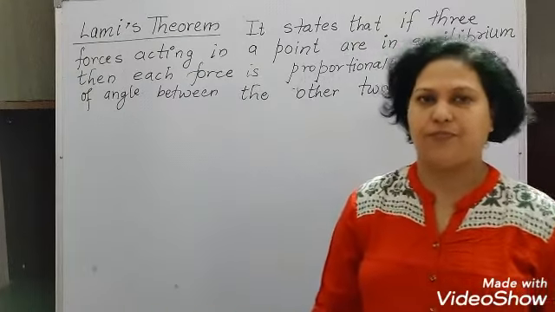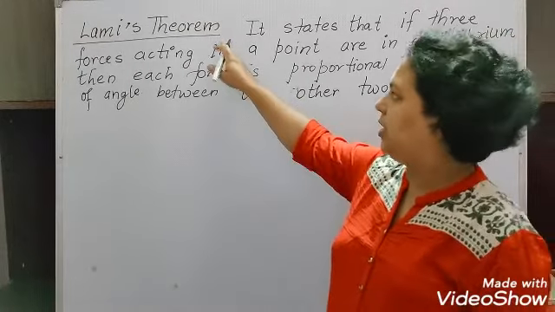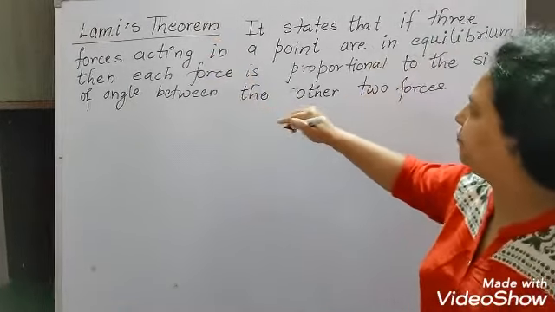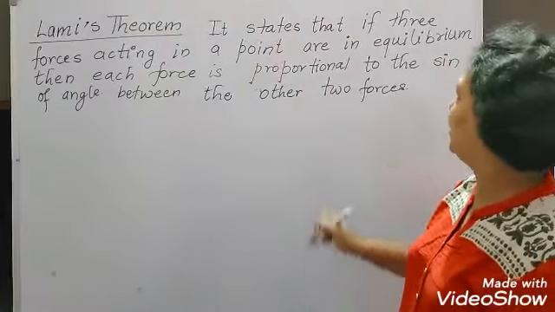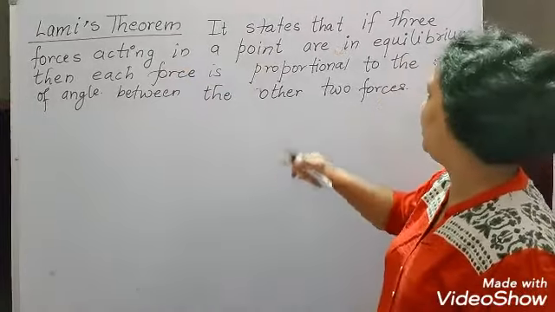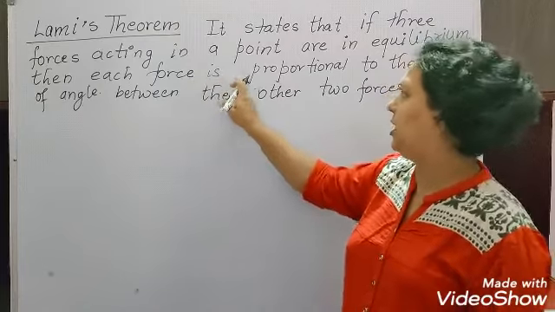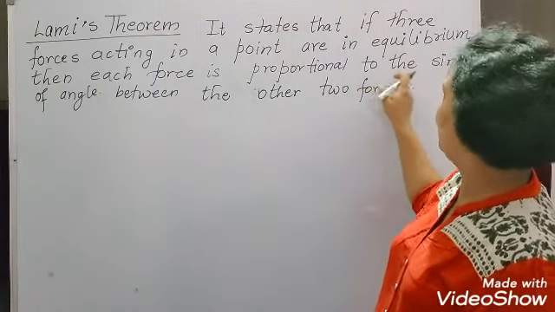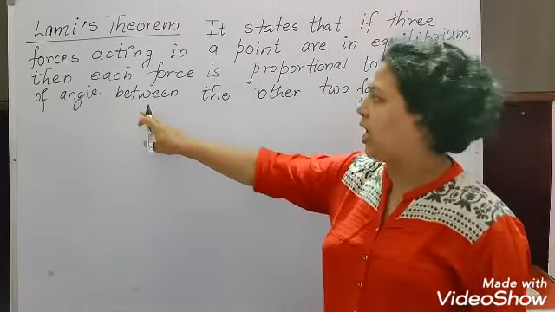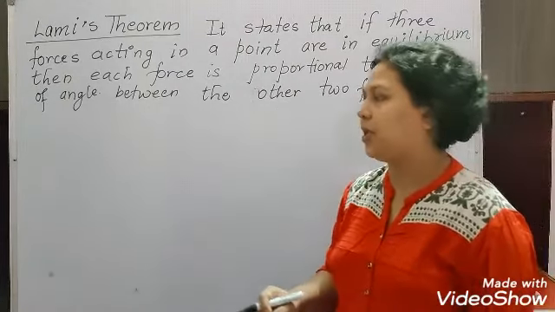Lami's theorem. First of all, we'll see the statement. Lami's theorem states that if three forces acting at a point are in equilibrium, then each force is proportional to the sine of the angle between the other two forces.